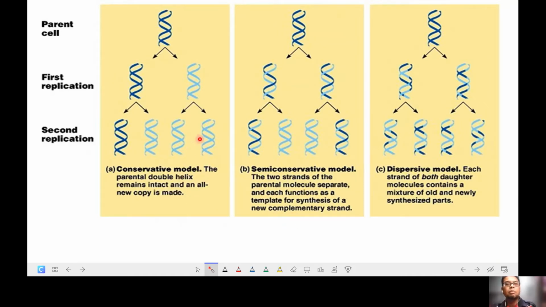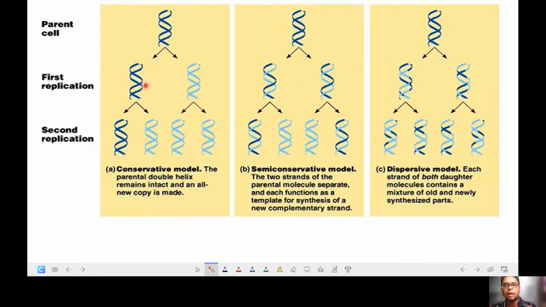In this conservative model, we start with a parental original DNA strand, which we know that one molecule of DNA consists of two DNA strands that are helical in shape. And so, in this conservative model, both of the parental DNA strands will remain together.